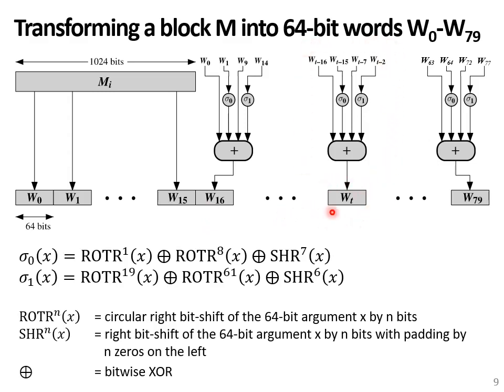In general, word WT is calculated out of WT-16, WT-15, WT-7, and WT-2 by doing an addition modulo 2 to the 64th. The second and fourth input word are transformed using the sigma 0 and sigma 1 functions. These functions perform a combination of right circular bit shifts, exclusive ORs, and right bit shifts with padding by zeros on the left.